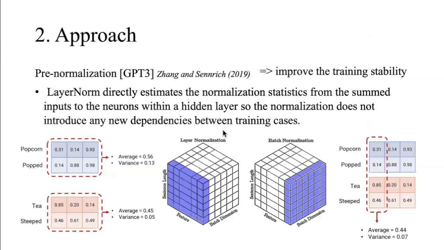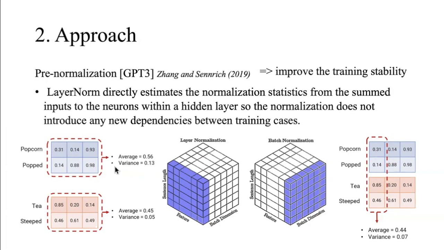Okay, first let's look at the pre-normalization. To understand pre-normalization, we need to understand the difference between layer normalization and batch normalization. I think batch normalization is a more familiar concept than layer normalization, but layer normalization was proposed in the original transformer paper, and it's very common in the NLP field.